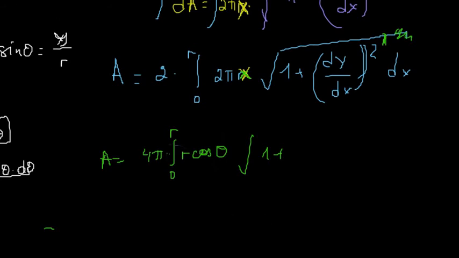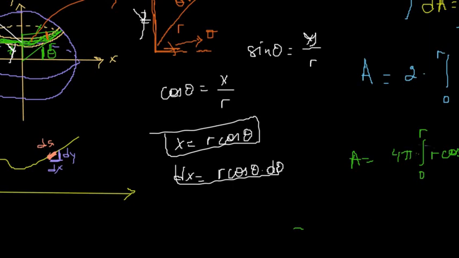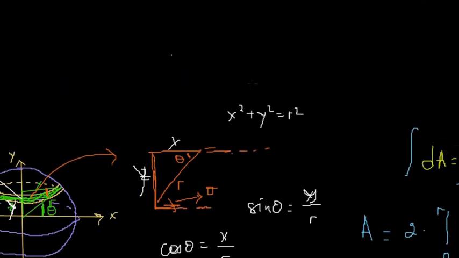Okay. Here we said that the x squared plus y squared is equal to r squared, right? So we can simply take y out and say that y is equal to just a square root of r squared minus x squared, right?